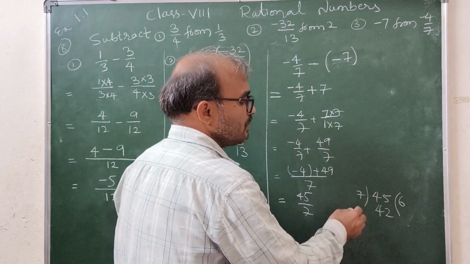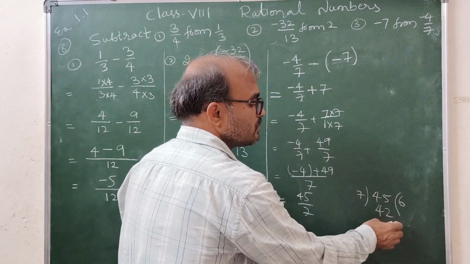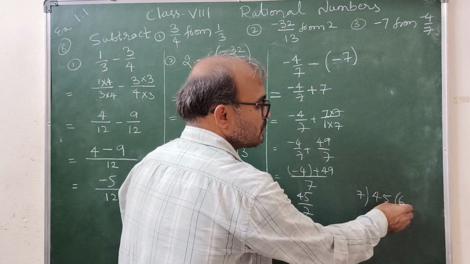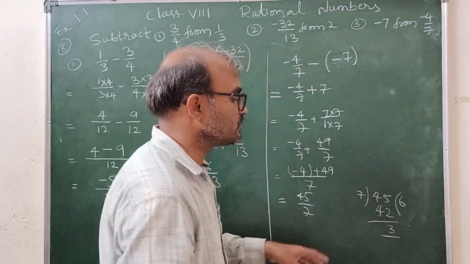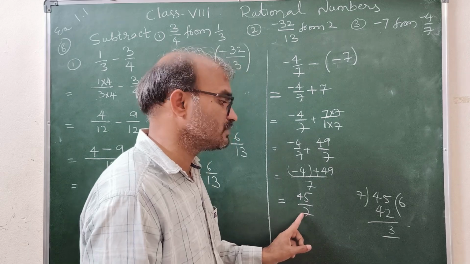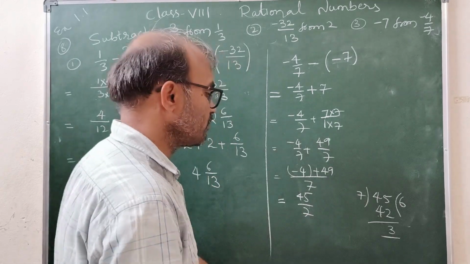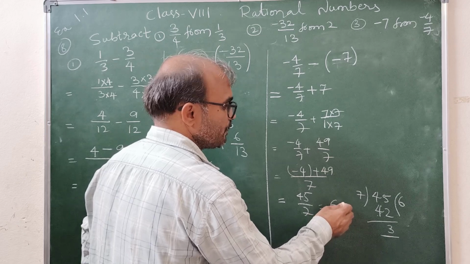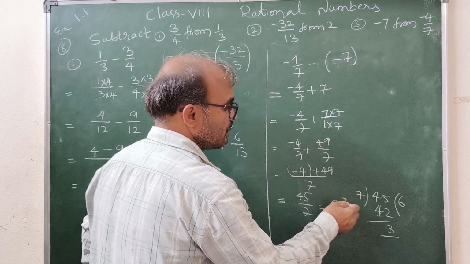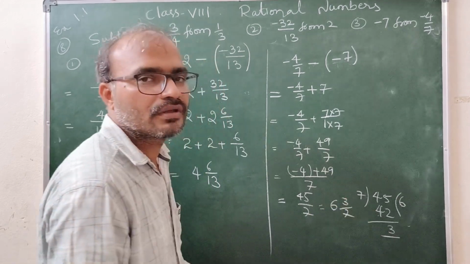Means 6 wholes will be there. In 6 wholes there will be 42 parts and 3 parts will remain. Which parts will remain? 7th parts will remain. So nothing but 6 wholes, 3 sevens will remain.